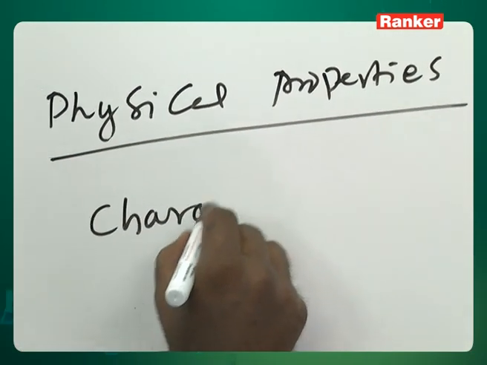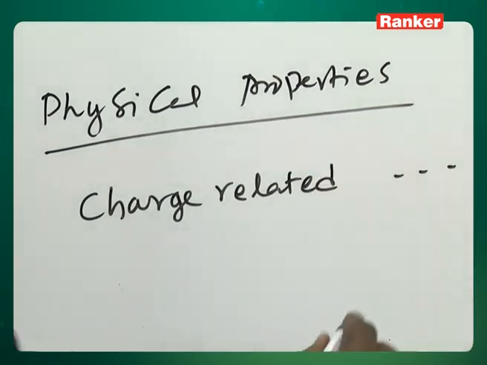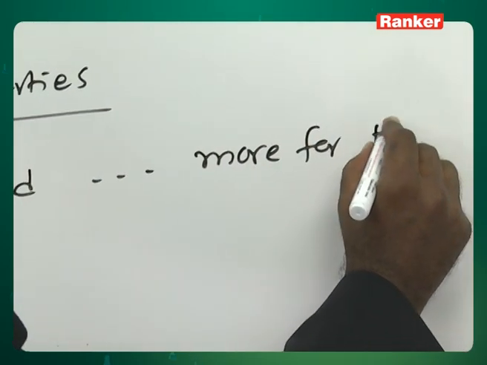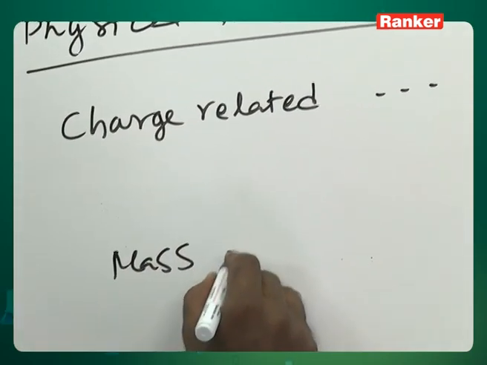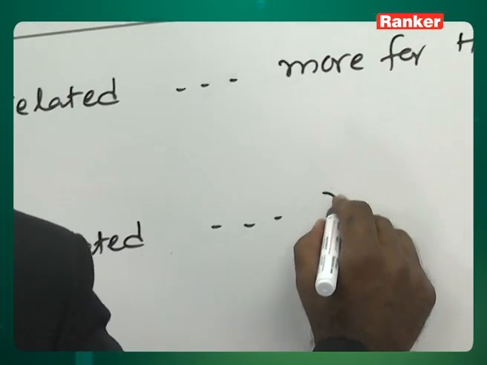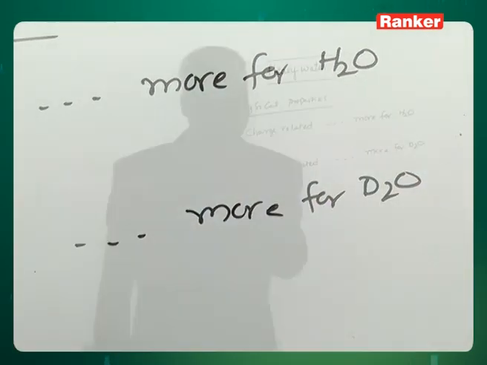Charge related properties are more for H2O, more for H2. Mass related properties are more for D2. Let me explain what I mean by this.